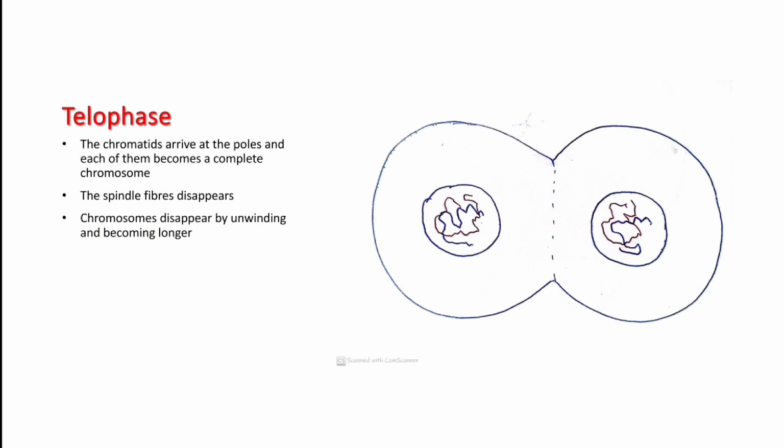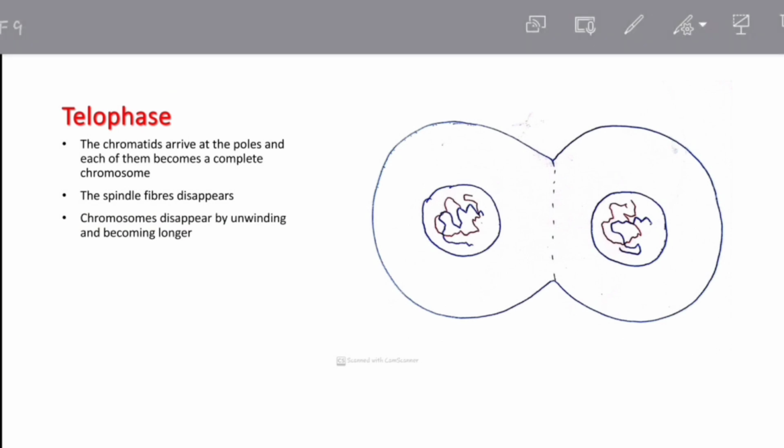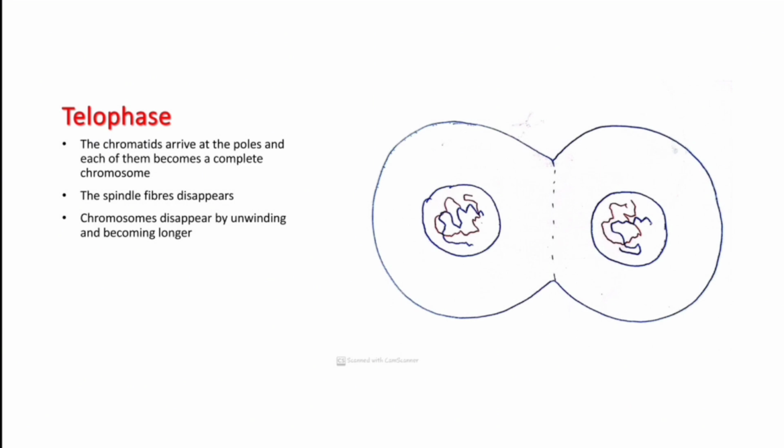What else? Chromosomes disappear by unwinding. As you can see, they've unwound, okay? At first, they were short and thick as they were being separated, but now they've unwound. They're now looking like strands. Because they have unwound, in this case, they are no longer visible.